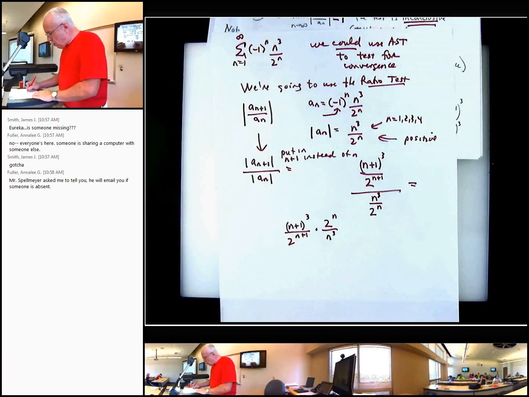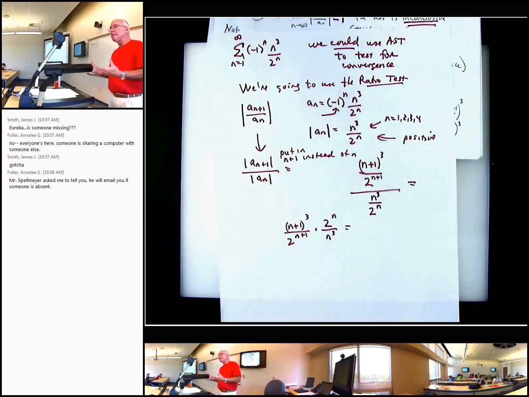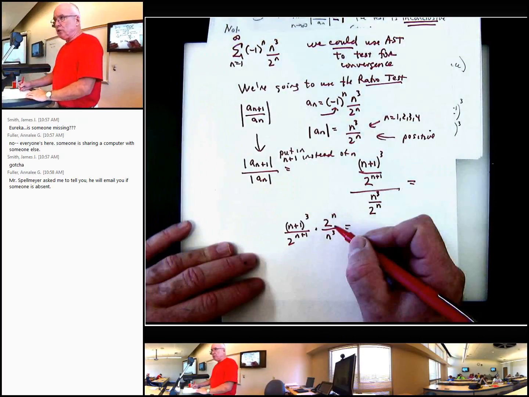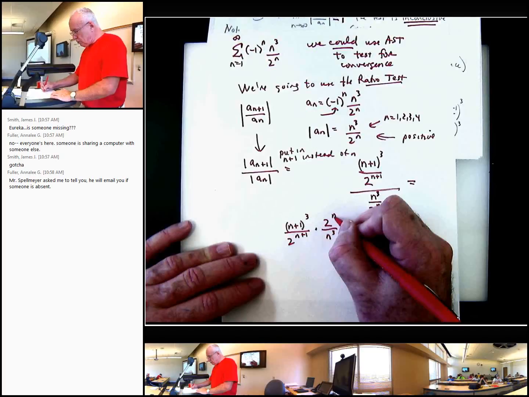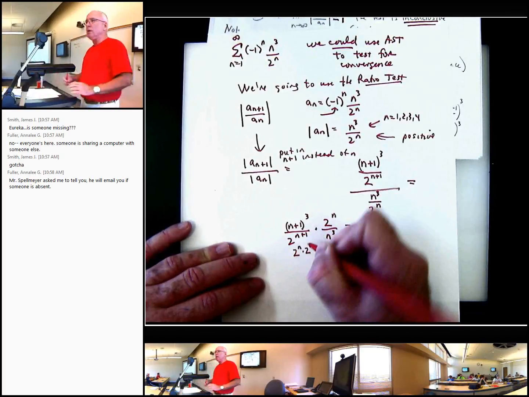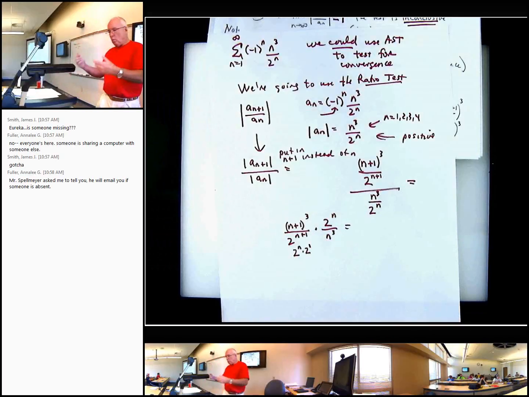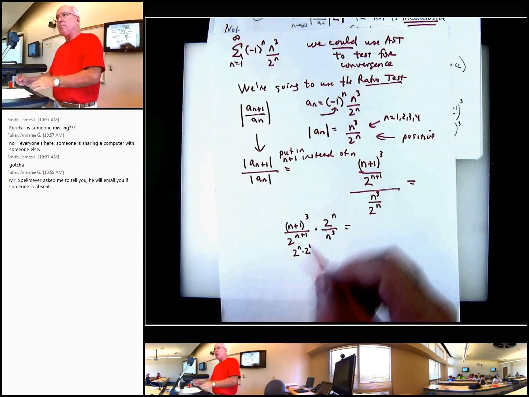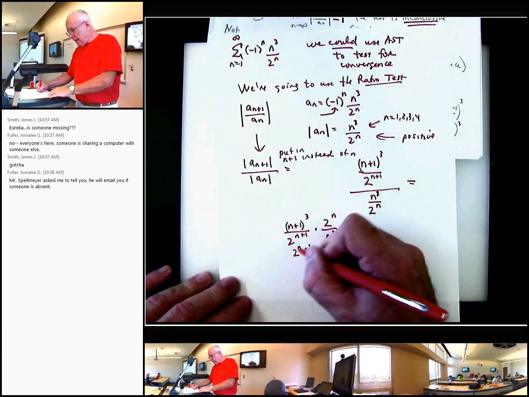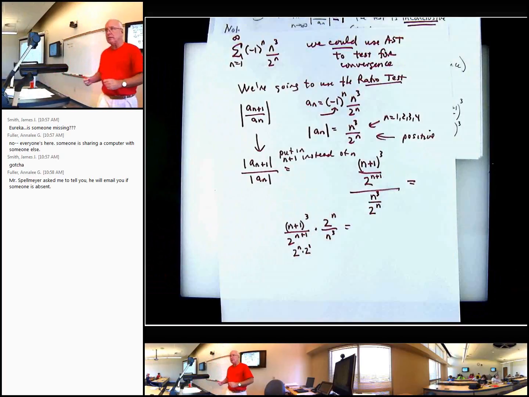All right, now stuff is going to cancel out or simplify. Let's look at the powers of 2 here. This is like 2 to the n power, but this is 2 to the n times 2 to the 1 power. When we have n plus 1, that means we can separate it out as n for one exponent and 1 for the other exponent, right?